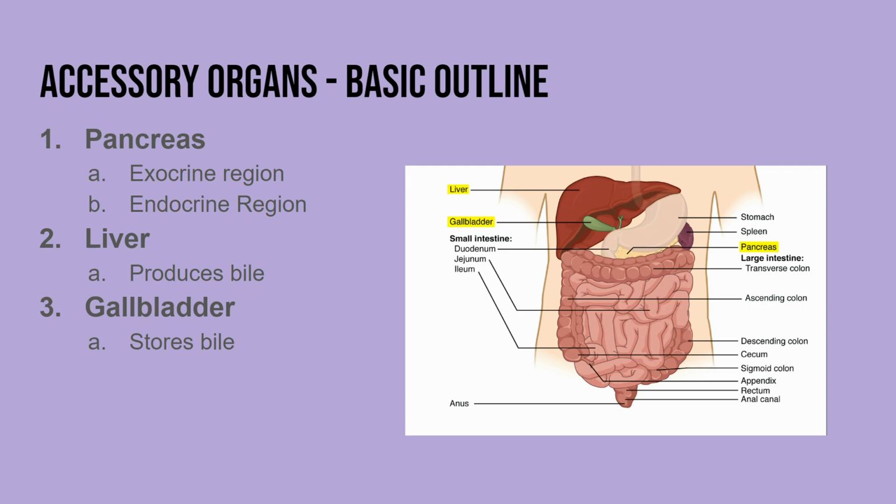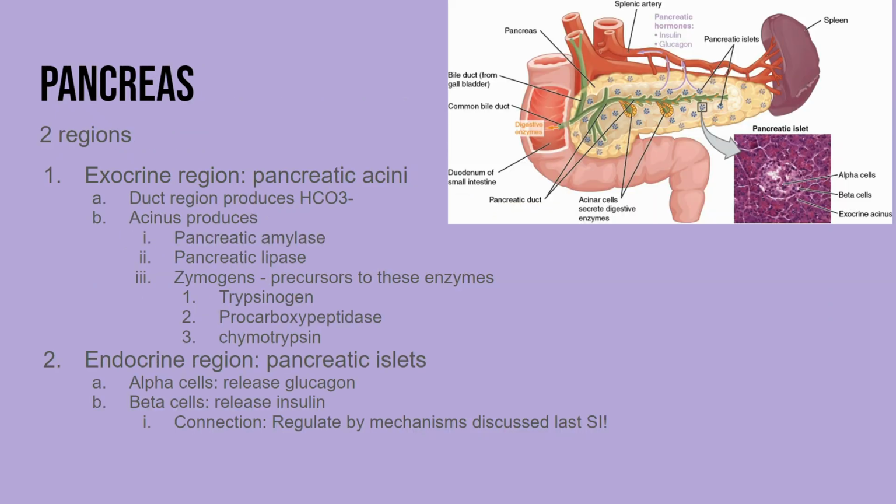And then the pancreas has two regions. First is the exocrine region, which is also known as the pancreatic acini. So if you look at that picture that I put on the slide, the acini are like these ducts right here, and they produce bicarbonate.